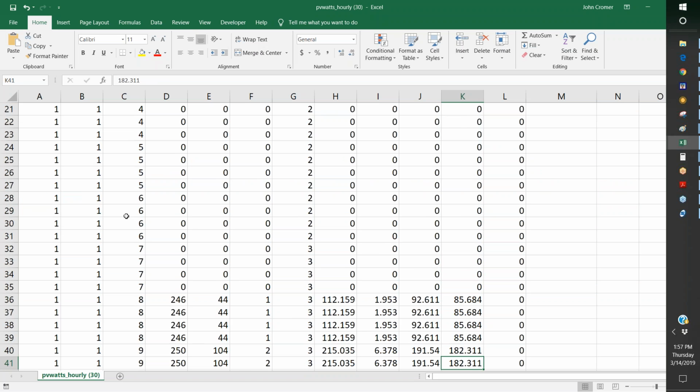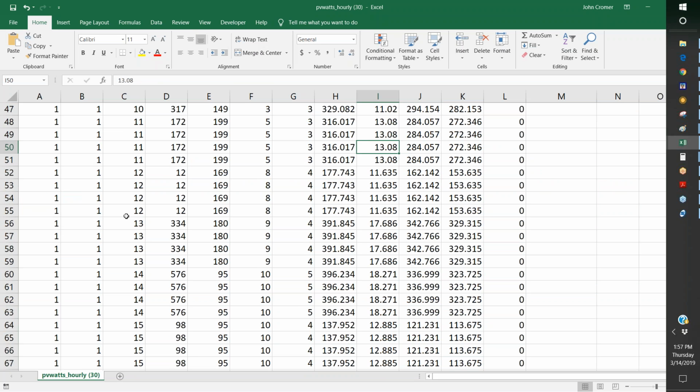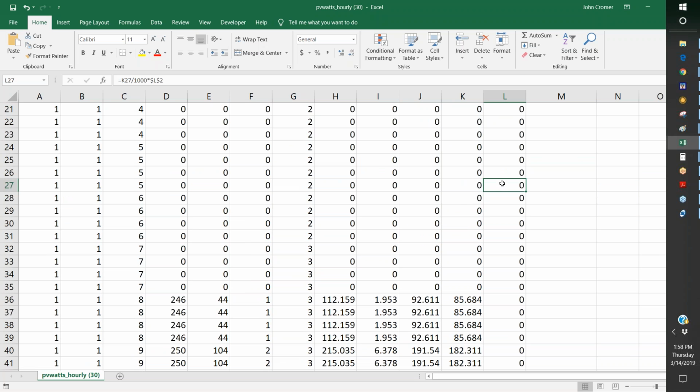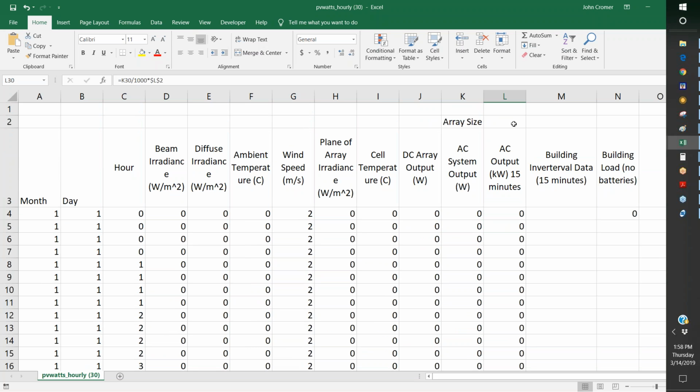In other words, at high noon on January 1st, PV Watts was telling us our system output in watts. Here I'm doing it for a 1 kilowatt array, but remember that when I did this PV Watts calculation, I downloaded as a 1 kilowatt array so I could create a scalar.